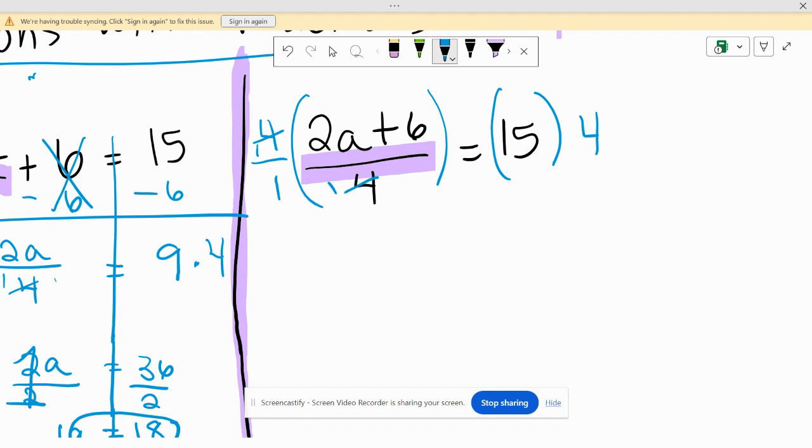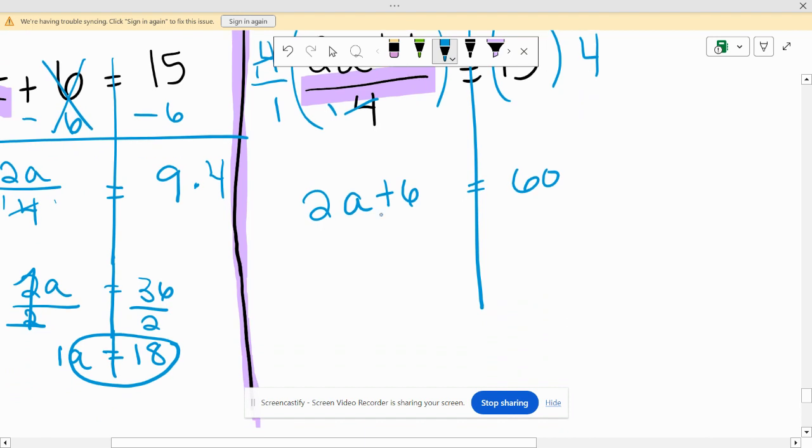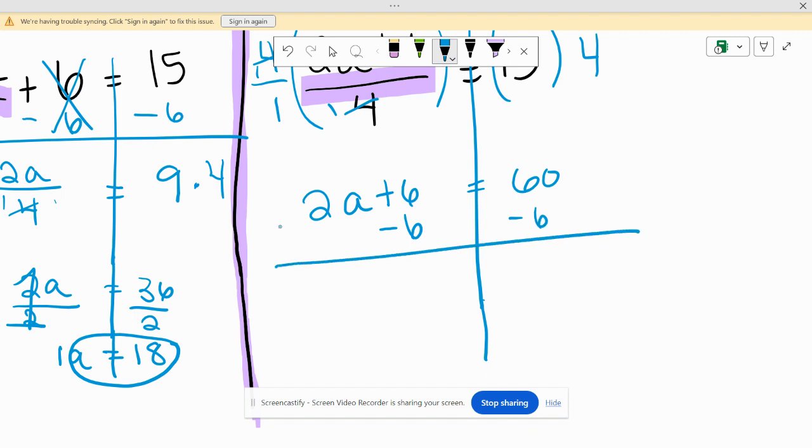So now all I have left on this side is 2a plus 6, which is going to be equal to 60. All right, and now I've got this nice, easy looking two-step equation. So I'm just going to start plugging away and solving this. I'm going to subtract 6 from each side. 6 minus 6 is 0.